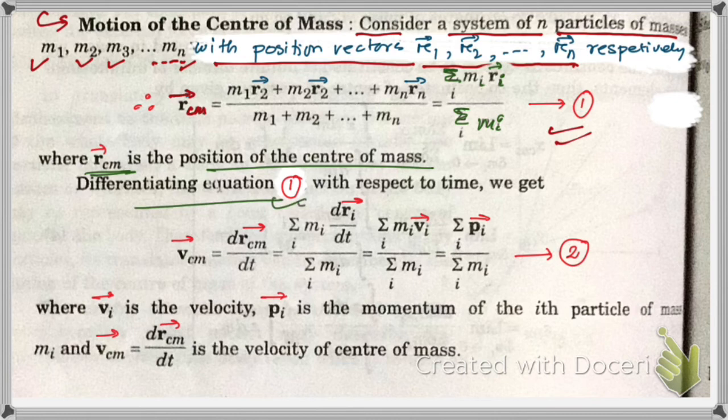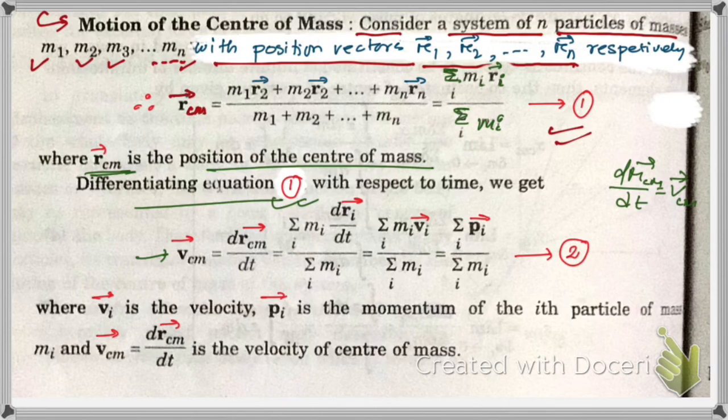Now differentiate this equation number 1. If you differentiate the position vector with respect to time, then you get velocity. So if you differentiate the position vector of the center of mass, you will get the velocity of the center of mass, simply.